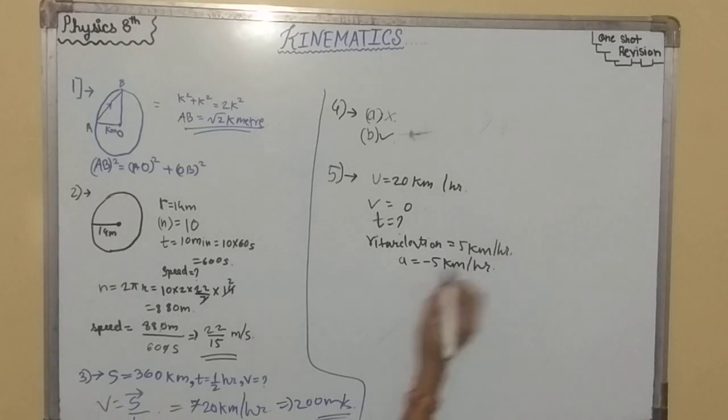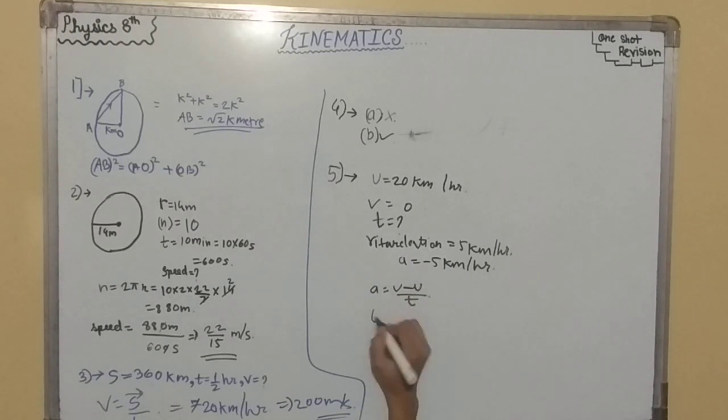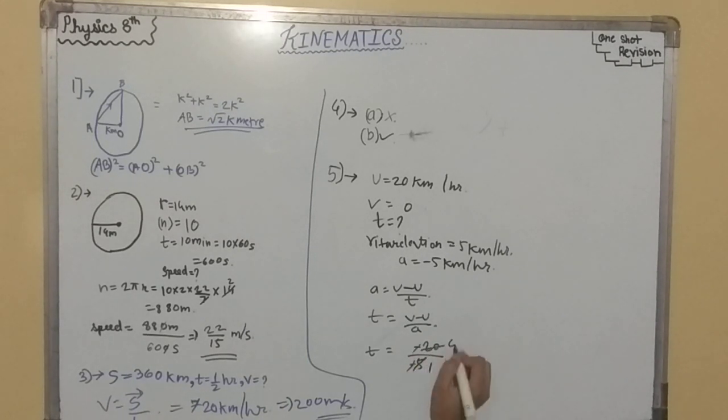We know that A is equal to V minus U upon T. We have to find T, so T is equal to V minus U upon A. T is equal to V is 0 minus U is 20, upon A is minus 5. This we will get minus 20 upon minus 5. Minus will get cancelled. 5 ones are 5, 5 fours are 20. Therefore, time will be 4 hours.